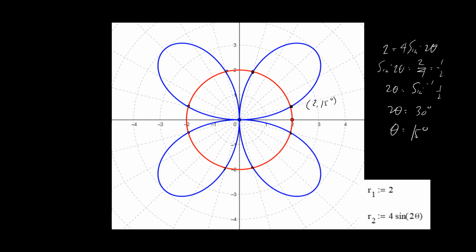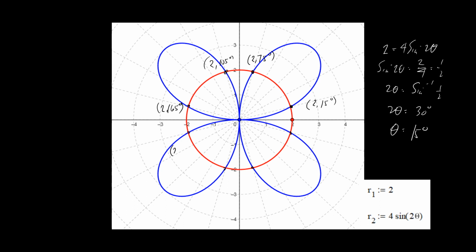So the coordinates of this one will be 2 and 75 degrees. This one is 2 and 105 degrees. This one will be 2 and 165 degrees.